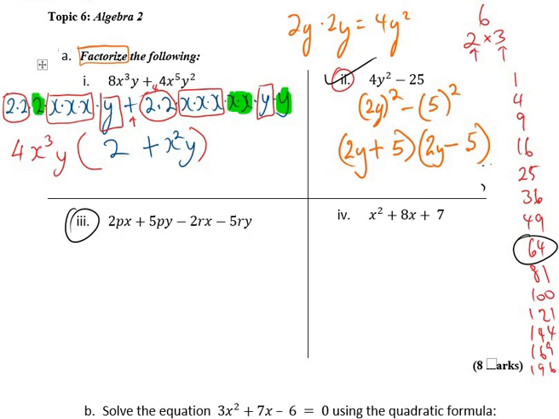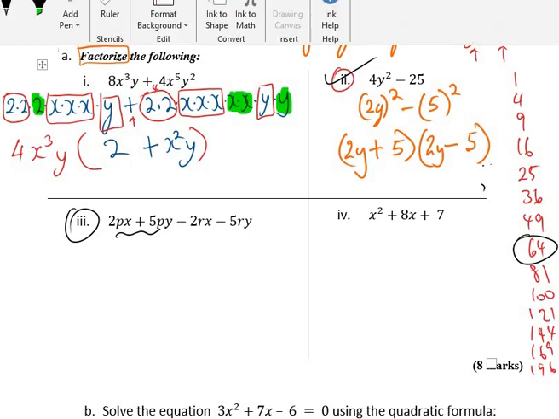So in this one, we're going to select the common factors, kind of similar to how we would have done number 1. So we're going to factor in pairs. We're going to look at the first part here. What's common? Well, we can do the same thing as we did with the first one.